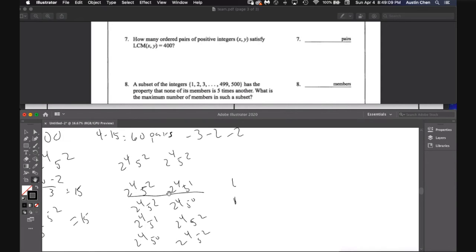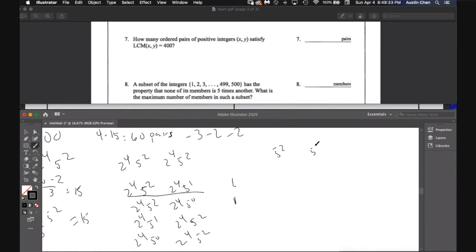You can see that the overcounting happens when both of the numbers have either 5 squared or 2 to the 4 or both. We already looked at the case where both of them have 2 to the 4s. So now we have to look at the case where both of them have 5 squared.